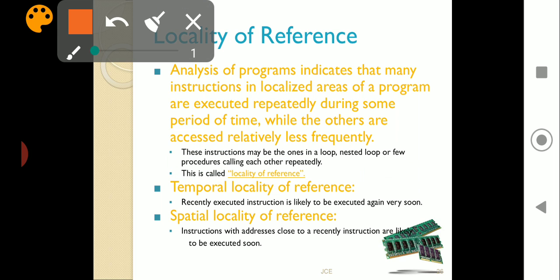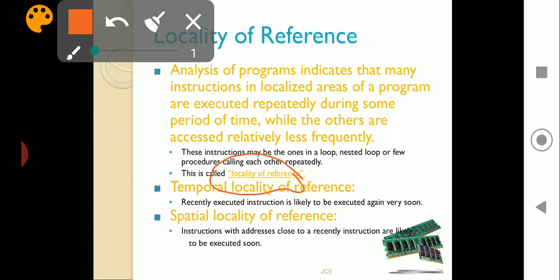Procedures are nothing but your functions. Sometimes we call them procedures, sometimes functions. If the instructions are repeatedly executed and I want them to be accessed frequently, then you require this concept called locality of reference.